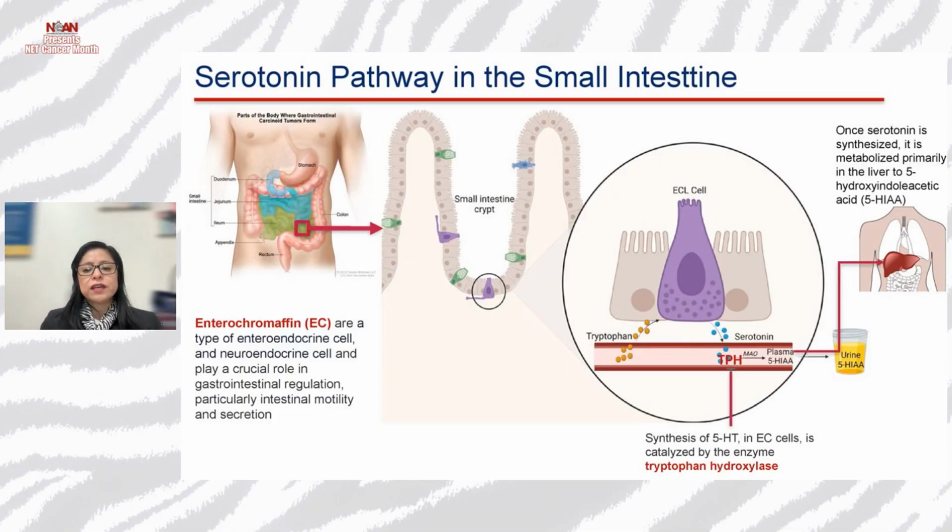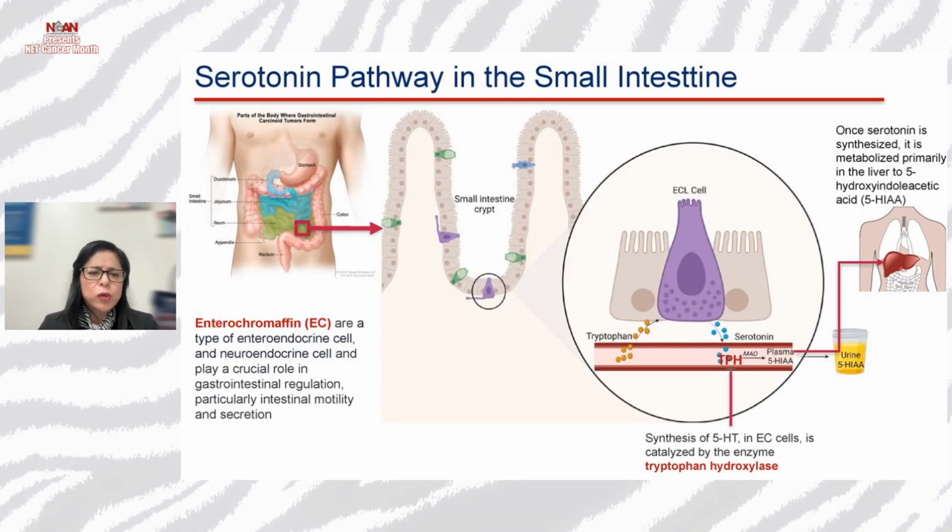Serotonin comes from tryptophan. Tryptophan is an essential amino acid, and it comes from the diet. Whenever we ingest certain foods, in the form of tryptophan, like I said, an essential amino acid, the tryptophan is then metabolized through a part of the small intestine.